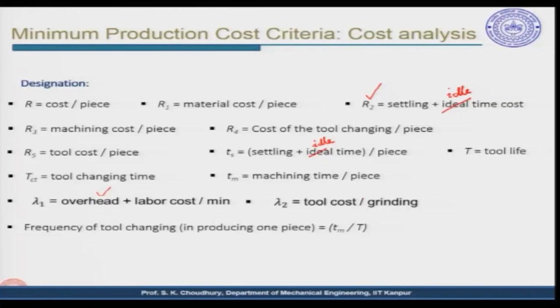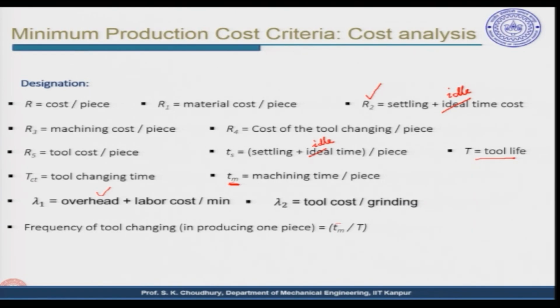Now, for the frequency of tool changing in producing one piece, we have the machining time Tm. Tm divided by the tool life will give you the frequency of tool changing, how many times you are changing the tool. Okay.